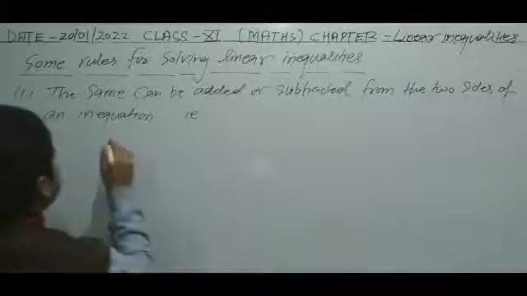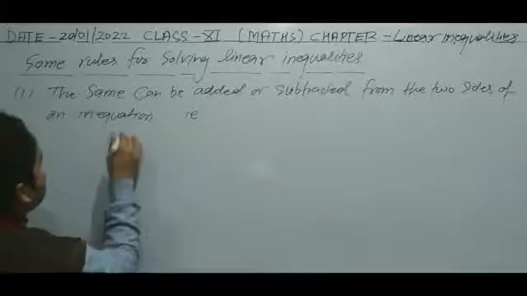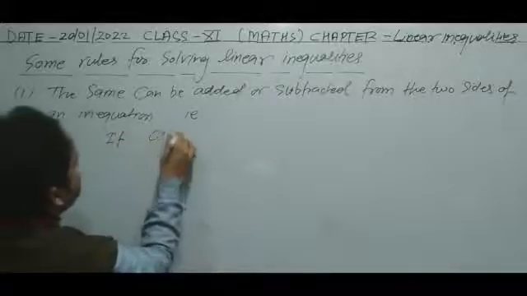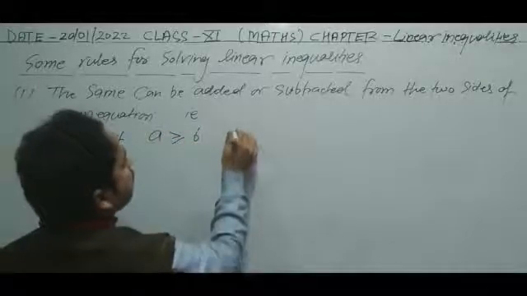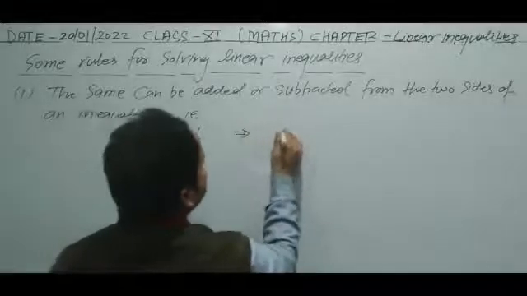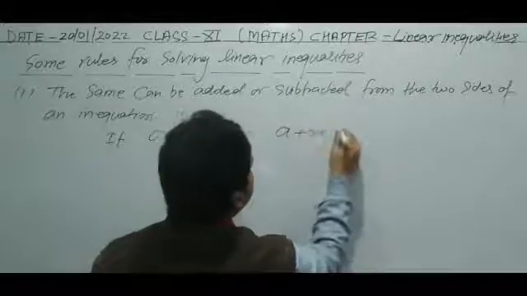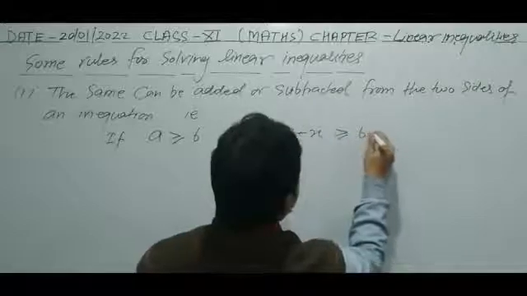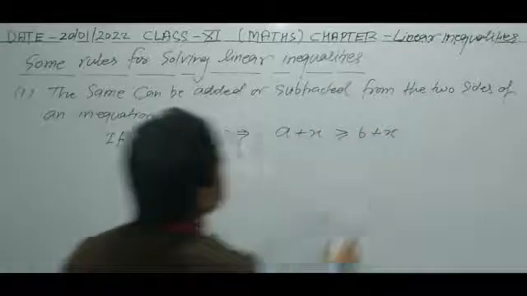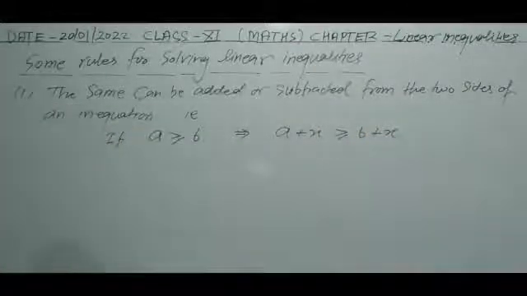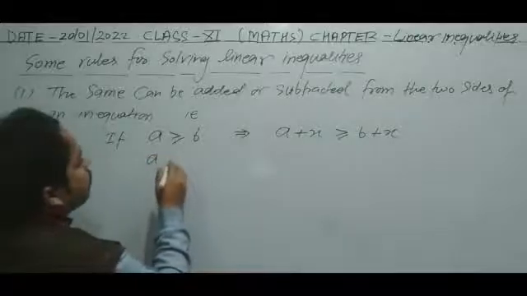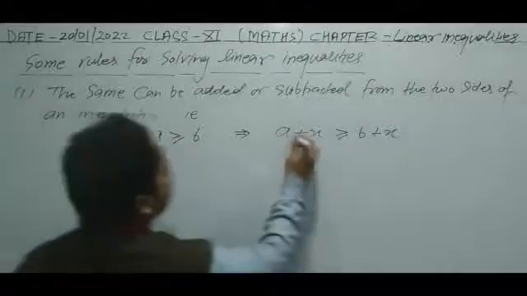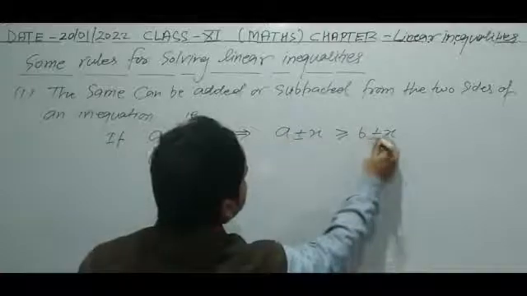You will see, if A is greater or equal to B, this implies we can write A plus X is greater or equal to B plus X. Similarly, when you take the negative sign, this will be negative.